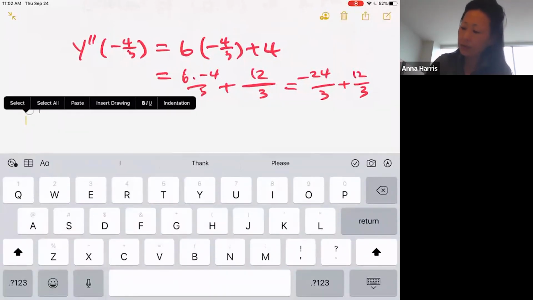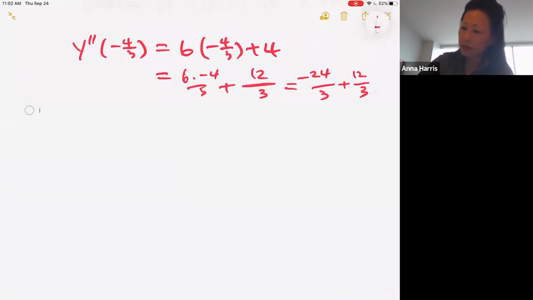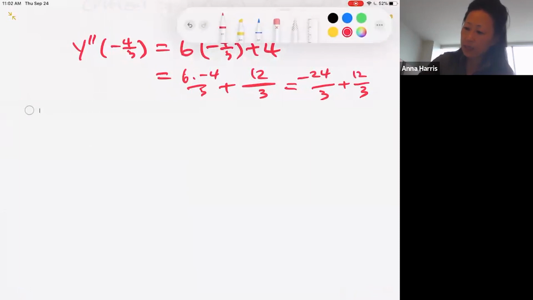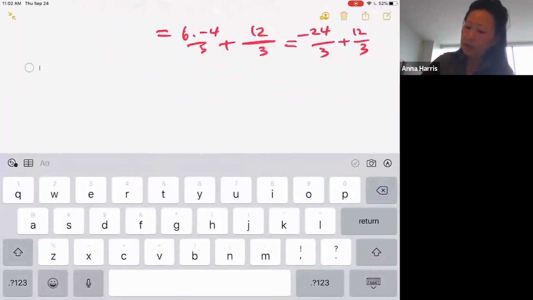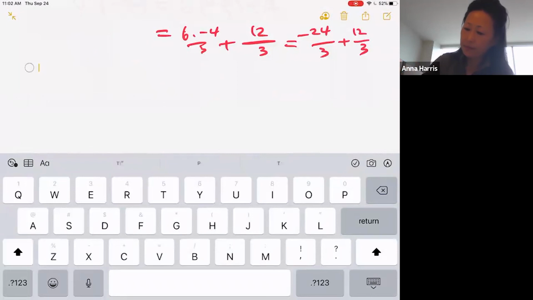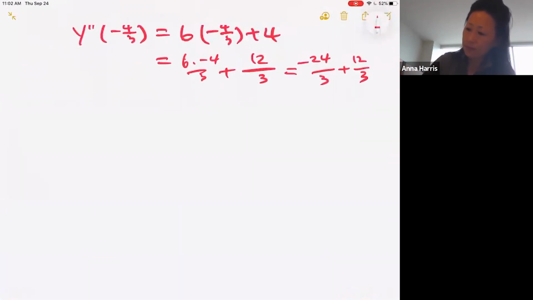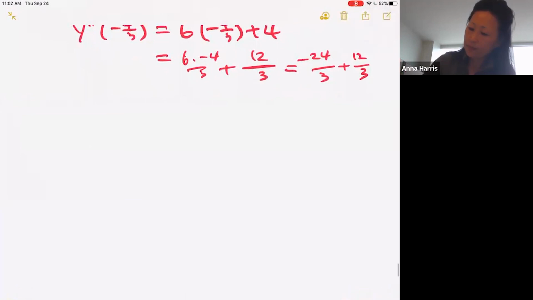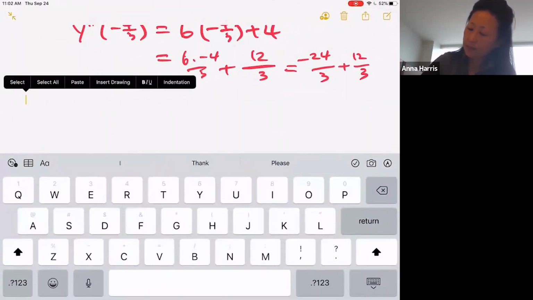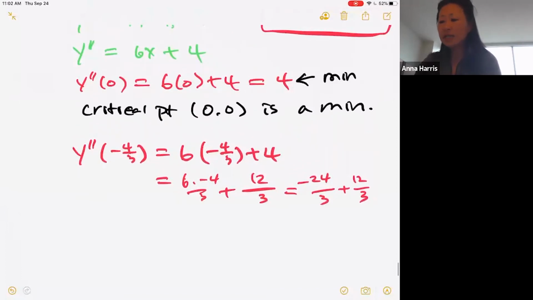So that is equal to, as everybody can see, negative 24/3 plus 12/3, which gives you negative 4... negative 12/3.